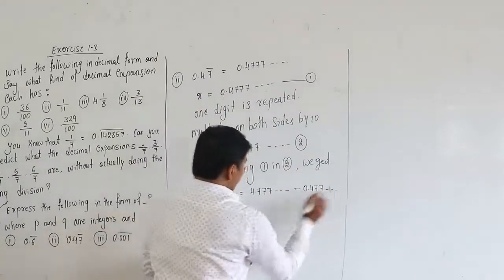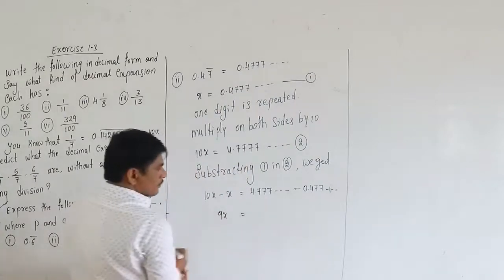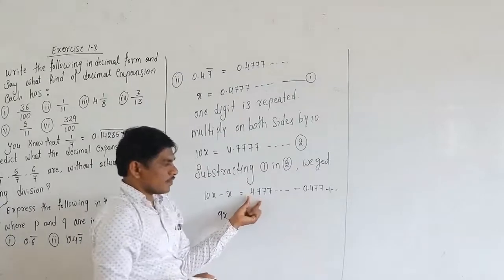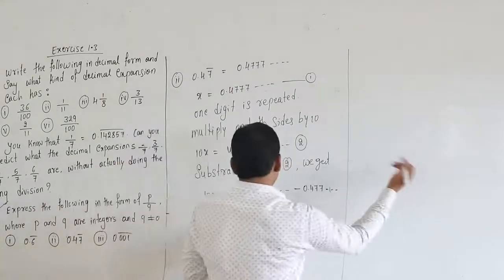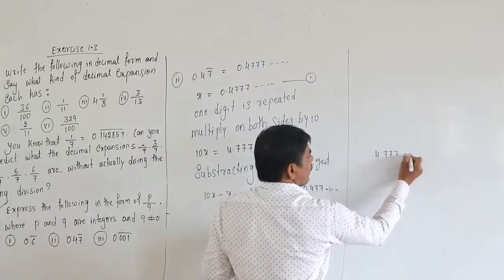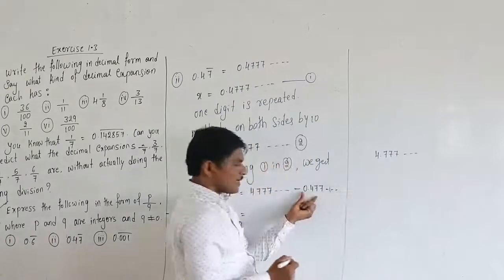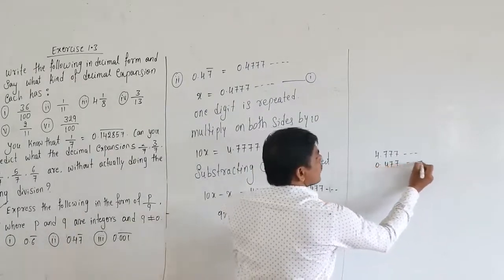Now 9x is equal to, just to simplify, you don't confuse it with subtraction of decimal numbers. On one side you write 4.777 and so on, and the second subtraction value is 0.477 and so on.